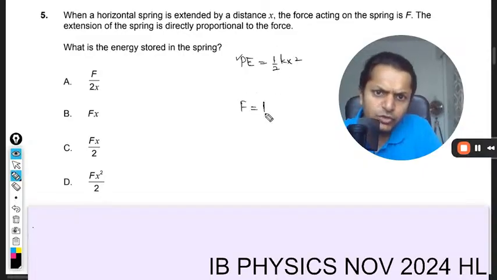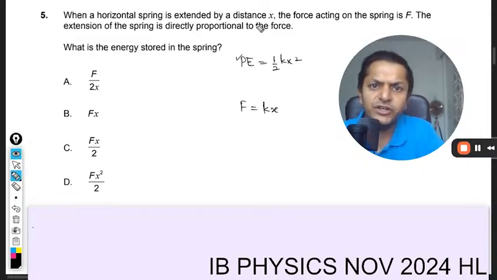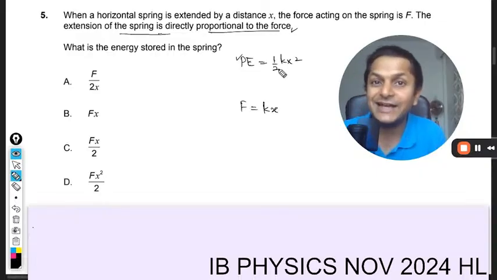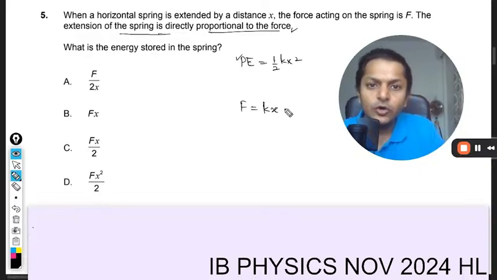F is equal to kx, because it is explicitly written here that the extension is directly proportional to the force. So clearly it is following Hooke's law. F is equal to kx is known to me, and potential energy is equal to half kx square. So I want to substitute this value here somehow.